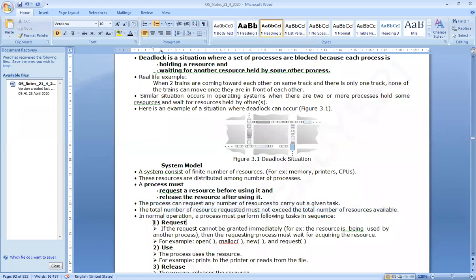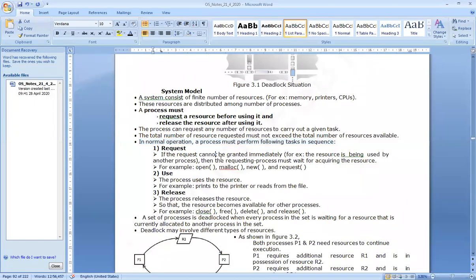Then after that, in normal operation, in normal procedure, the process must perform the following tasks in sequence. It should follow a sequence of order. So what is the sequence of order? There should be a request from the process, there should be a use of that particular resource, and there should be a release of the resource.